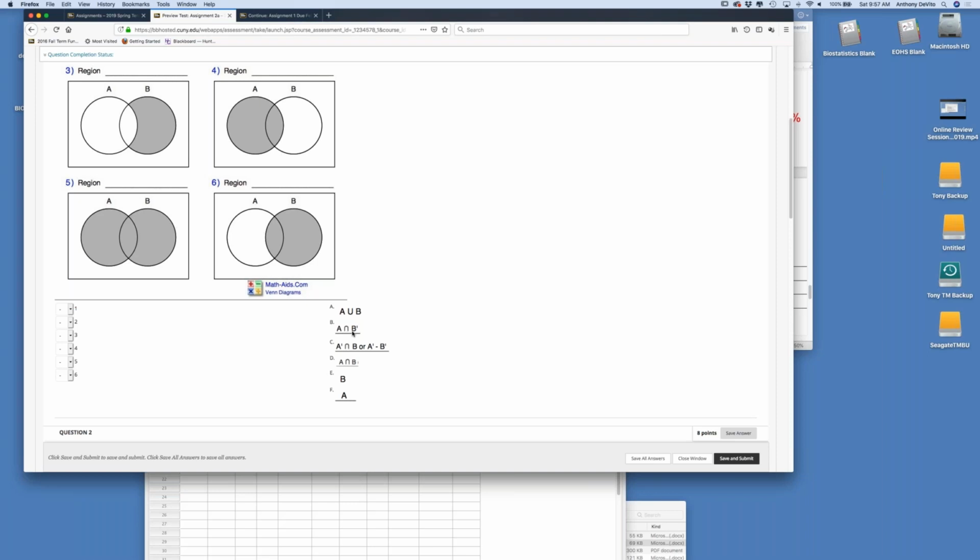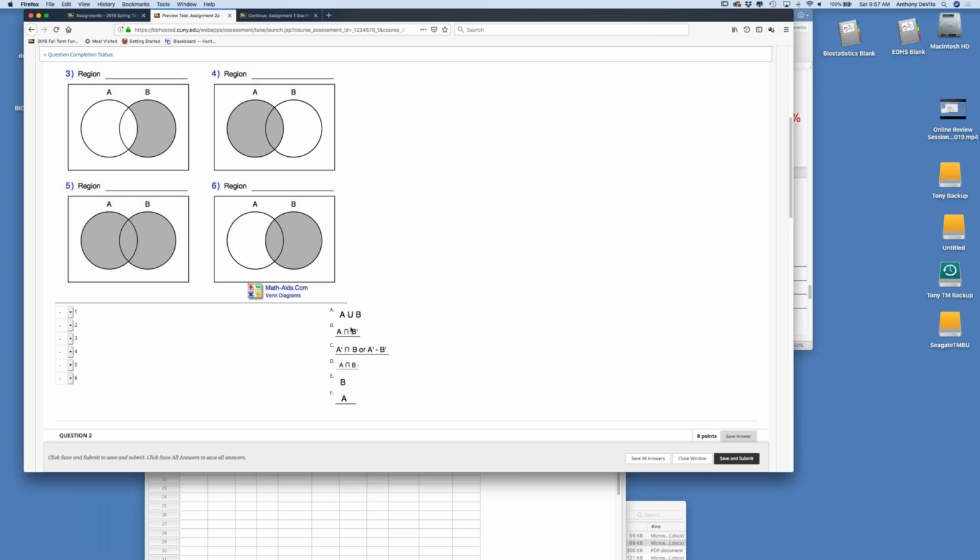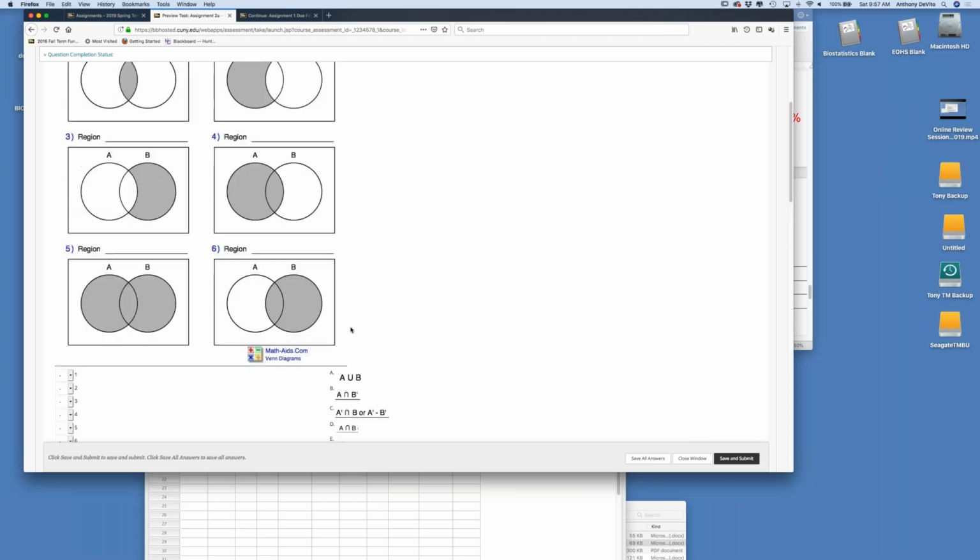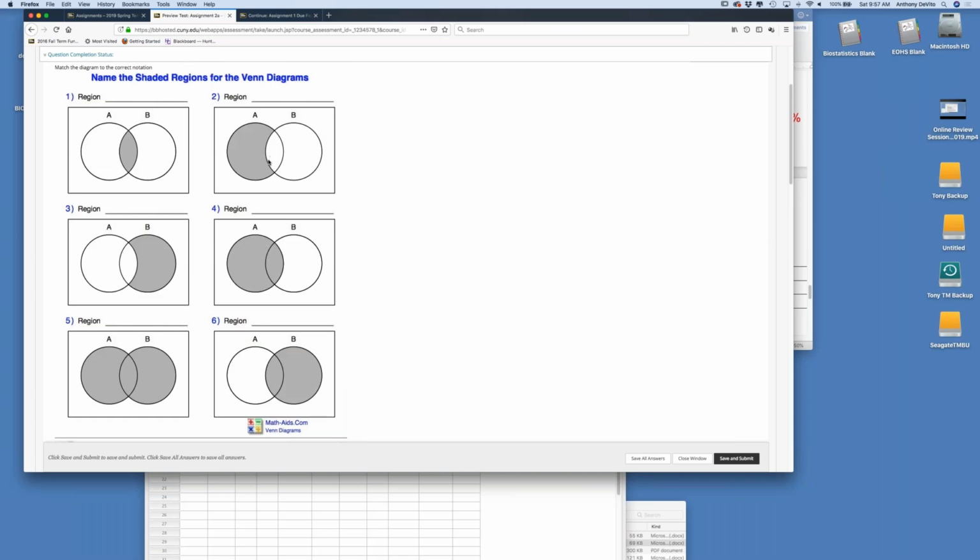A intersection not B means it's got to satisfy both conditions at the same time, A and not B. Okay, so let's say we have A here, but it can be here. But if we look at this one here, we have A, but we've excluded people that are also B. So this is A, but not B. So these are all the people that have heart disease, but don't have cancer, for instance.